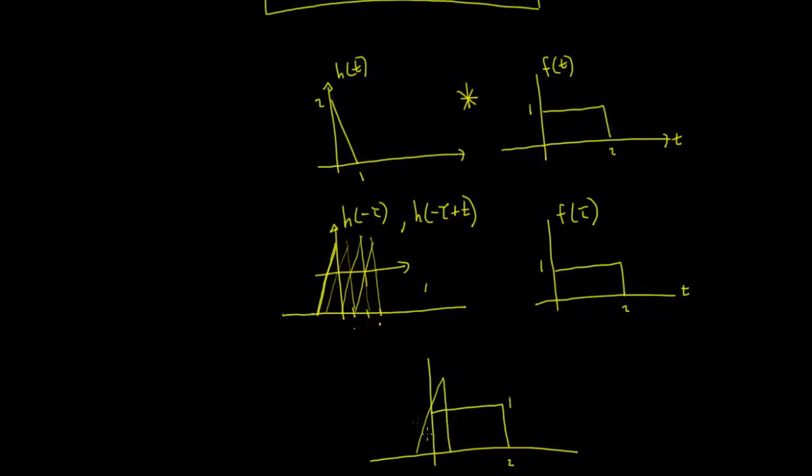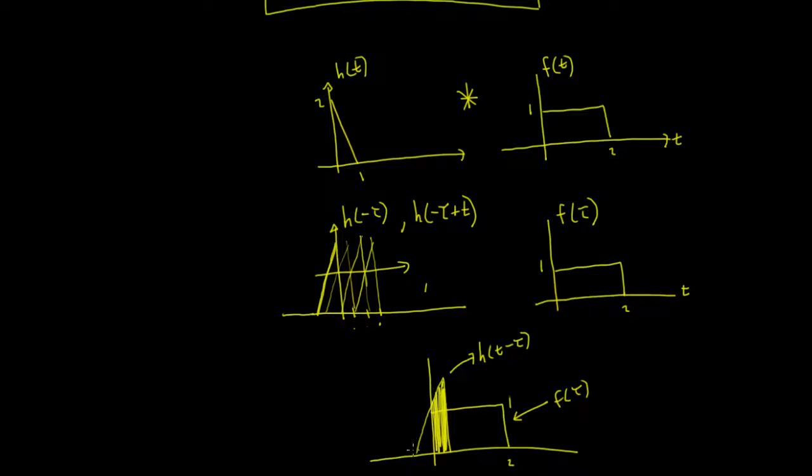When we multiply h of t minus tau and f of tau together, what we get is this little part of the function here, that little height there, as we shift that along.